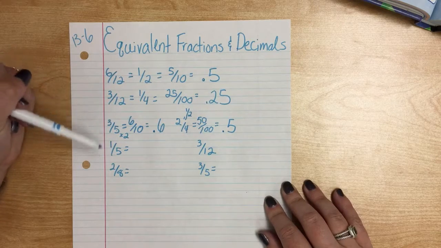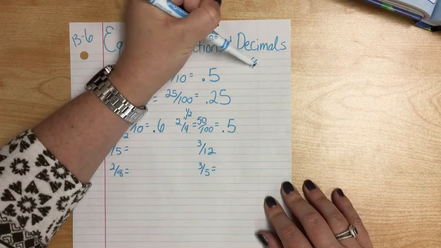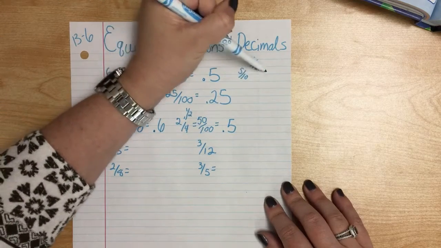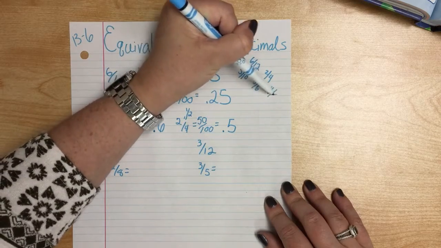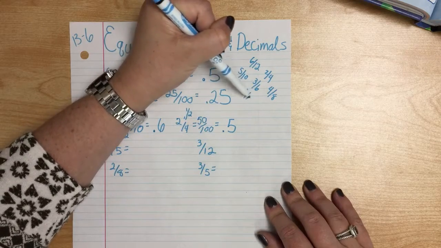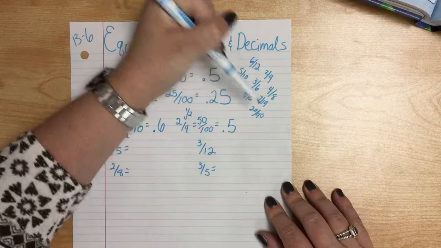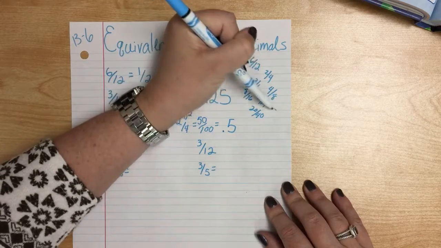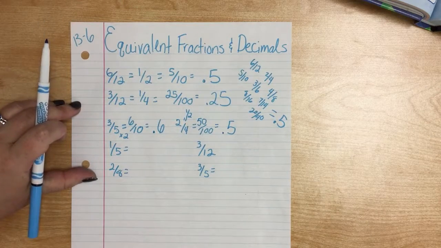So you might get to a point where if you see 6/12, 5/10, 2/4, 3/6, 4/8, 8/16, 7/14, 20/40, all of that equals 0.5. All of that equals 1/2.